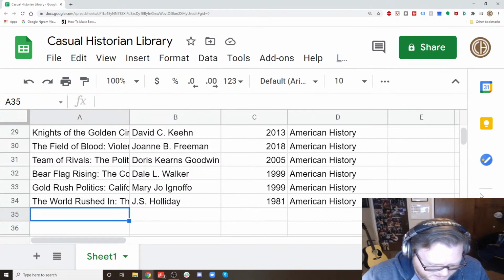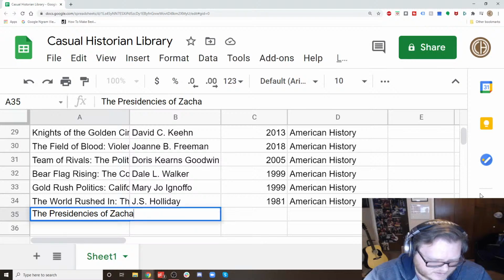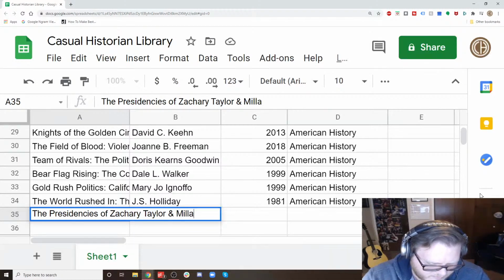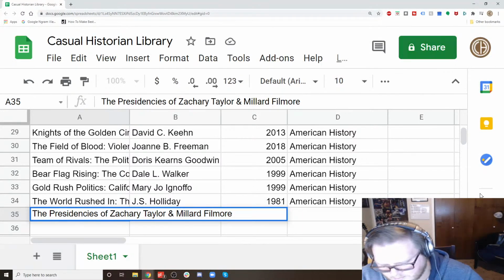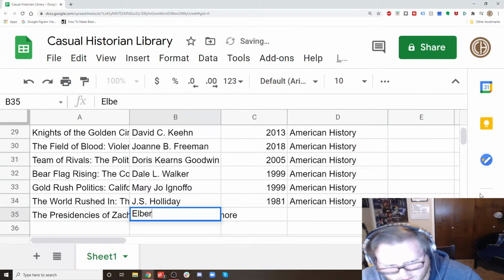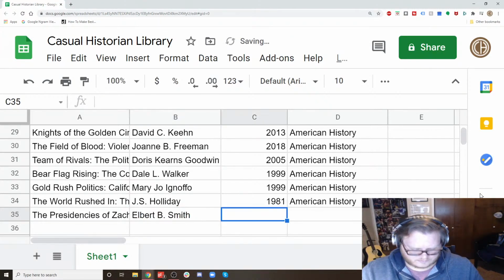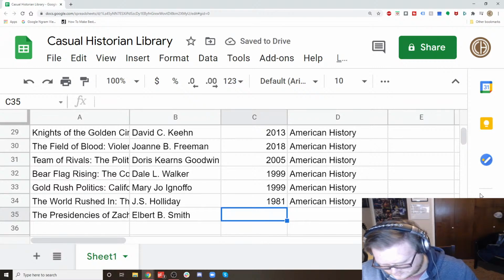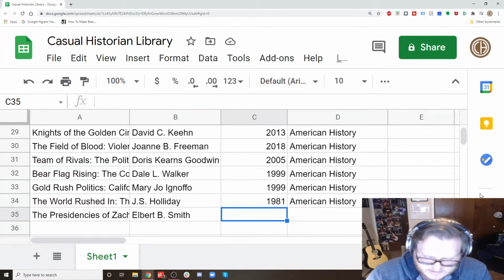The Presidencies of Zachary Taylor and Millard Fillmore, by Albert B. Smith, 1988.